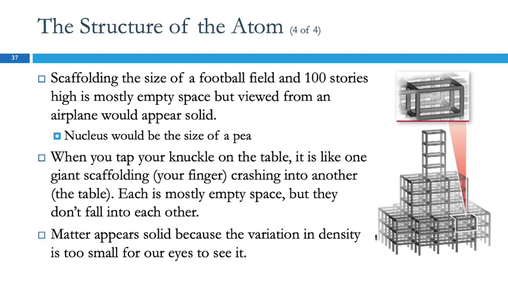Mostly empty space. But when you knock your knuckles on the table, so we've got mostly empty space hitting mostly empty space, and yet they don't go through each other, right? But they don't fall into each other either. It'd be like taking the two big scaffoldings and crashing them together. They're not going to go through each other either. So matter appears to be solid to us because the variation in density is too small for us to detect. Any questions?